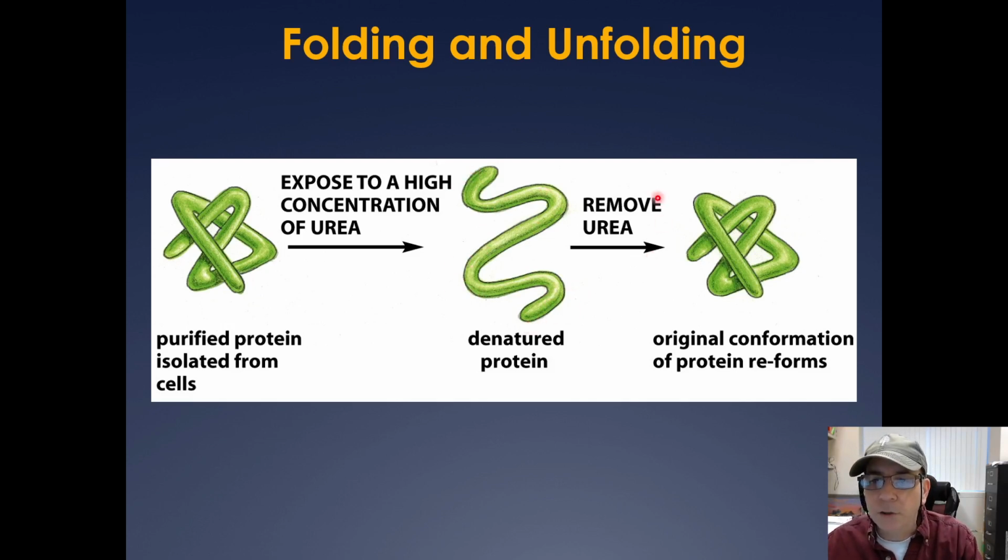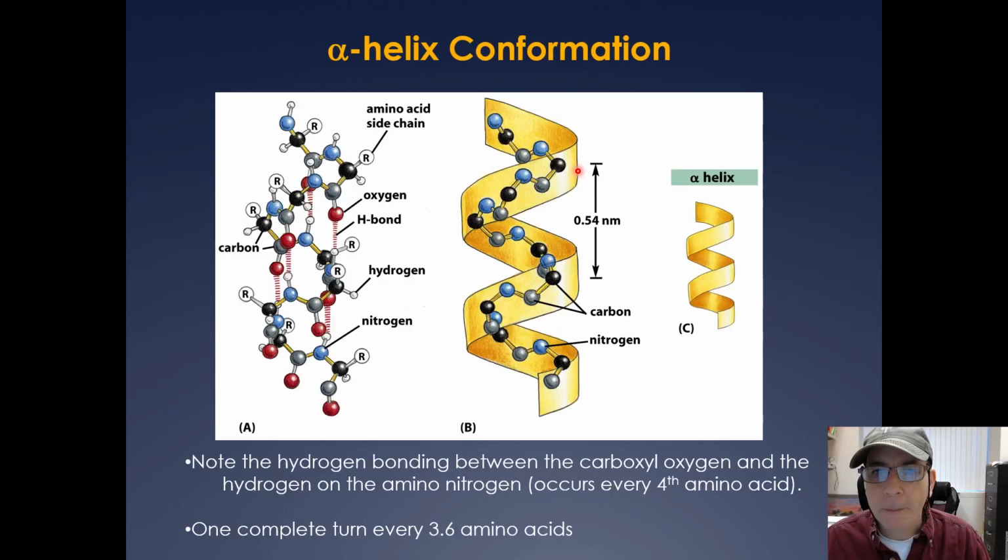And then you can remove that urea and refold the protein to its original conformation. The vast majority of the time this is going to happen correctly, but there are some proteins, especially proteins that are made in the secretory pathway, that have chaperones and enzymes that are needed for the protein folding and the processing of the thing. And we'll see a touch of that a little bit here.